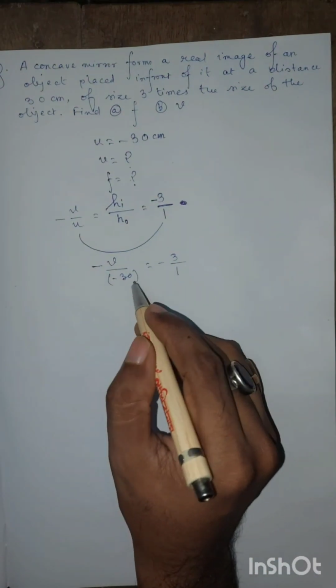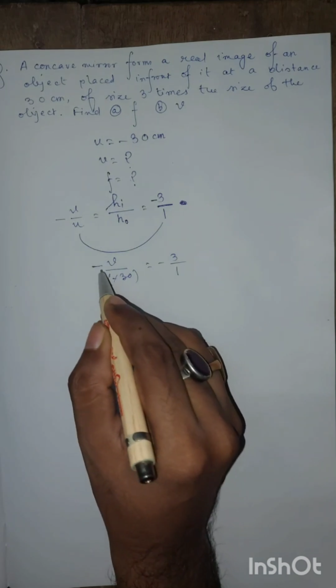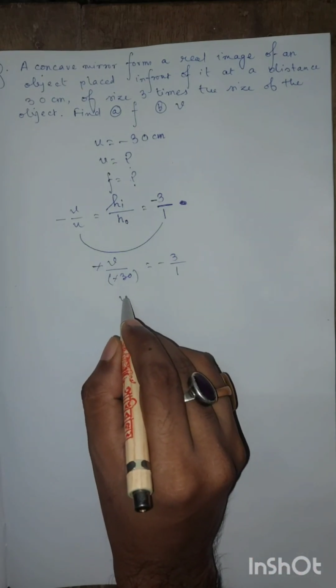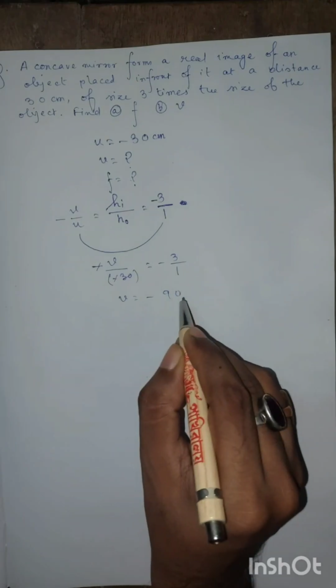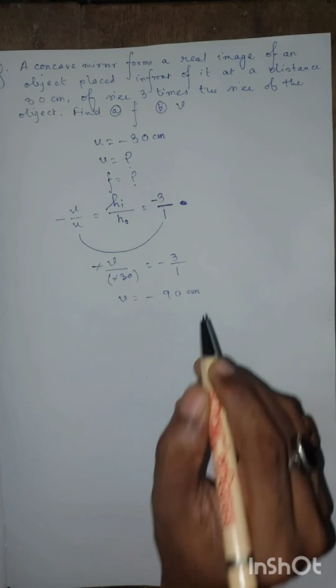So minus minus can be cancelled. So V is minus 90 centimeter.